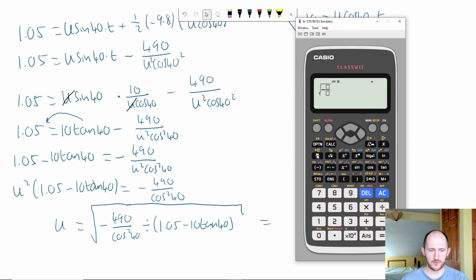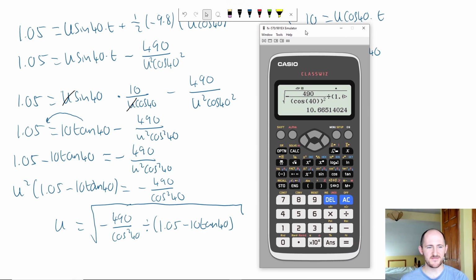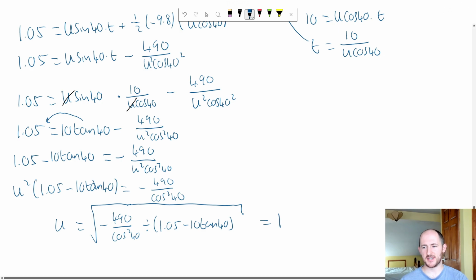Negative 490 over, how do I want to do this one though? I'm going to put this in brackets just to make sure it works properly. Like that, and divided by 1.05 minus 10 tan 40 gives me 10.7 meters per second, which is indeed the correct answer.